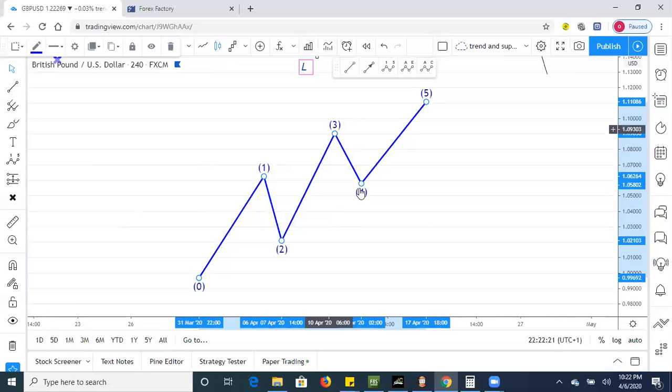So from 3 to 4, we expect 3 to 4 to make a U-turn into 4 to 5, somewhere between 3 to 2, right? Textbook maybe at 0.1.